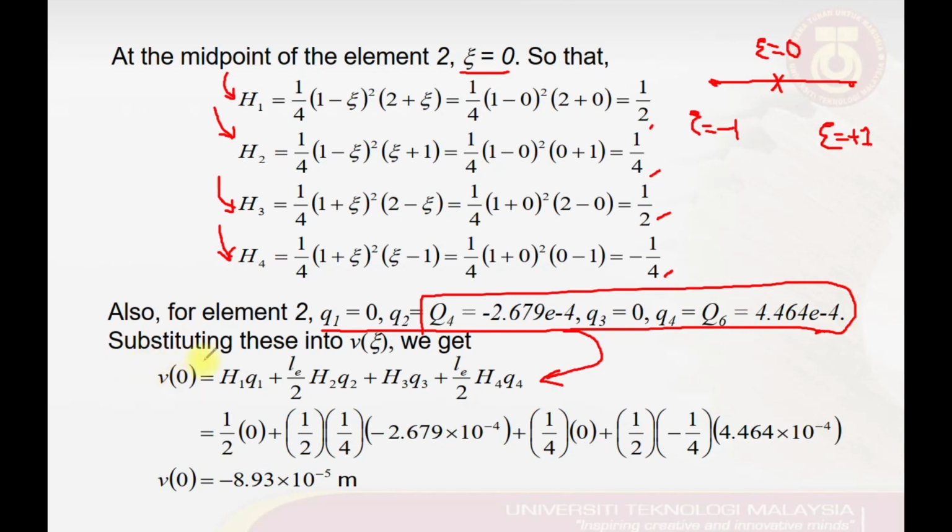So for the field deformation at z equal to 0, which occurs at the midpoint of our element, substituting h1, h2, h3 and h4 with all these values, and substituting q1, q2, q3 and q4 by these values, which are obtained from the system of linear equations, we can determine that the field displacement at the midpoint is equal to -8.93 times 10 to the power of -5 meters.